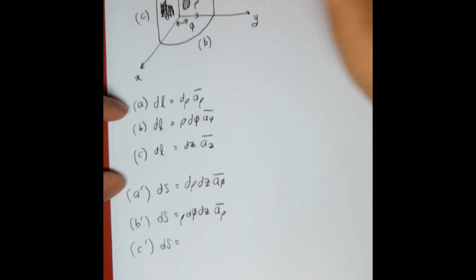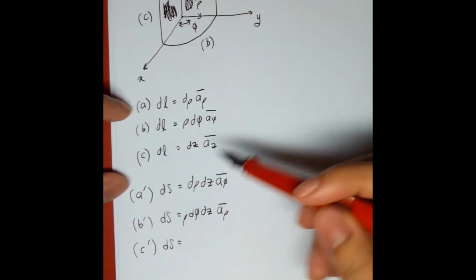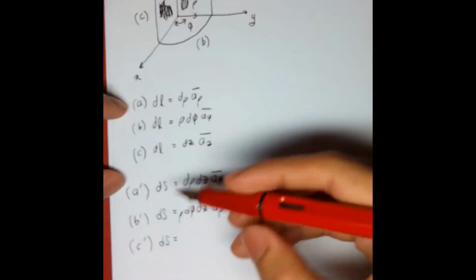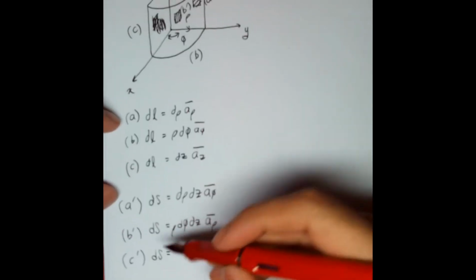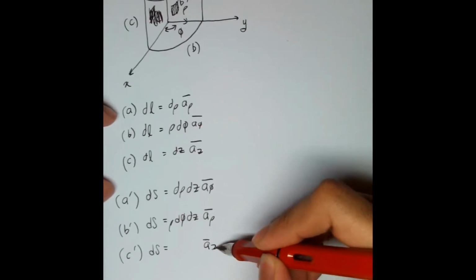This is C prime. You can see that this surface is pointing towards z, so the unit vector is a z.